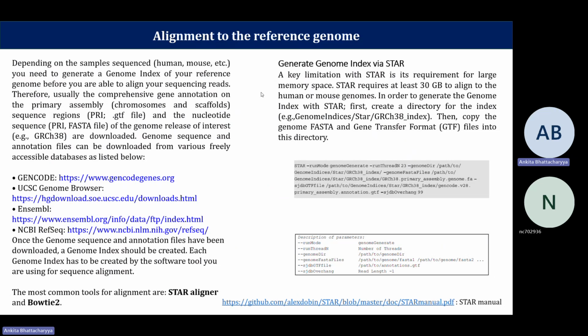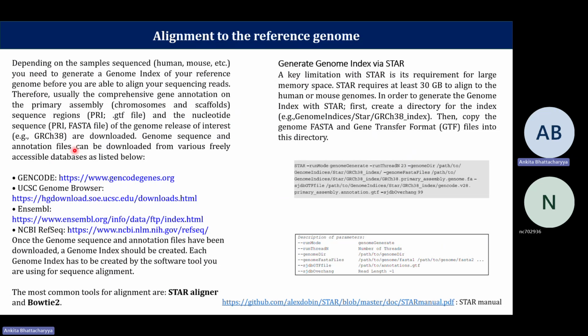Then we trimmed our data to get rid of adapters or any other non-specific sequences which are going to mess with the remaining analysis. And then we moved on to the next step, which was alignment. When we talk about alignment, we first addressed the concept of a reference genome, because that is the template to which you'll be aligning your reads. So continuing with that discussion, we're going to take it forward.